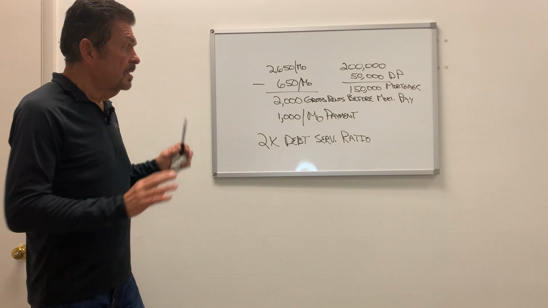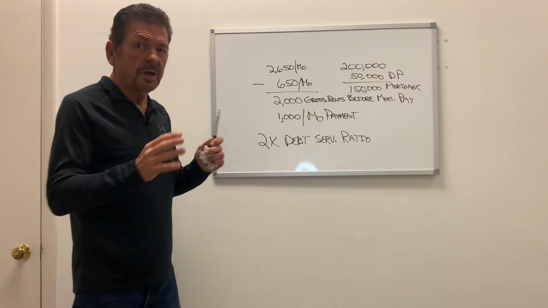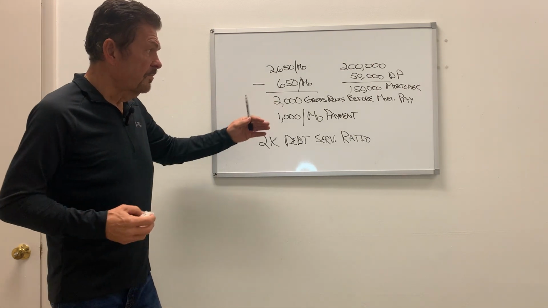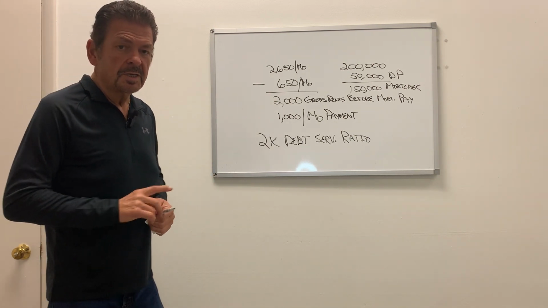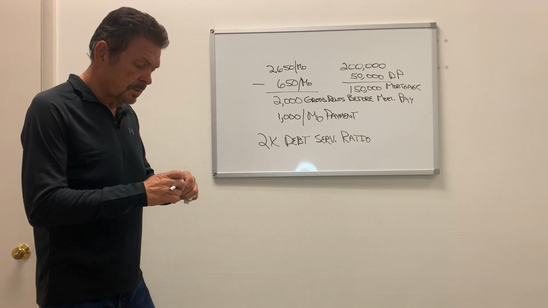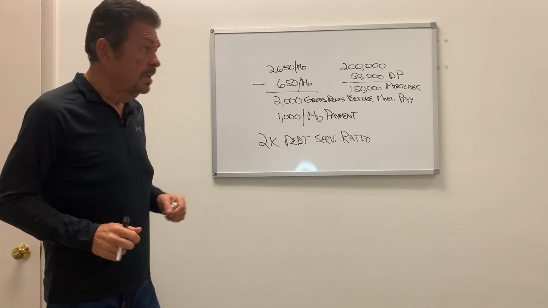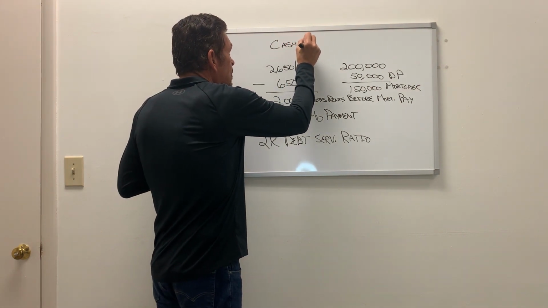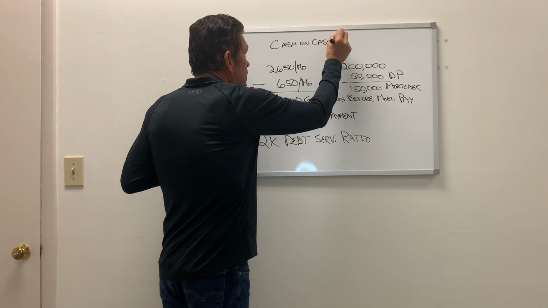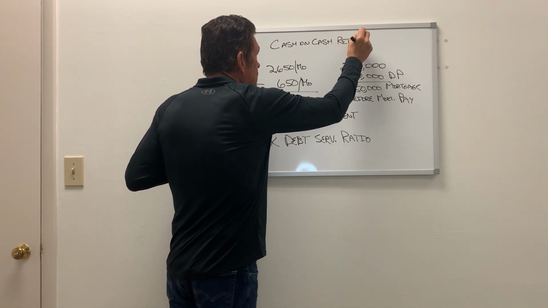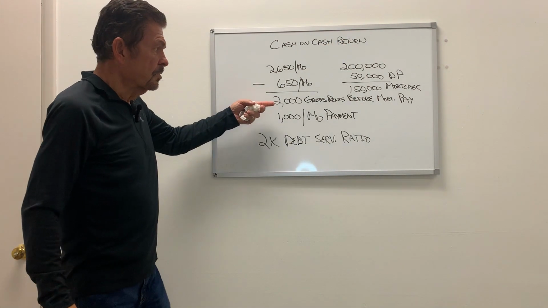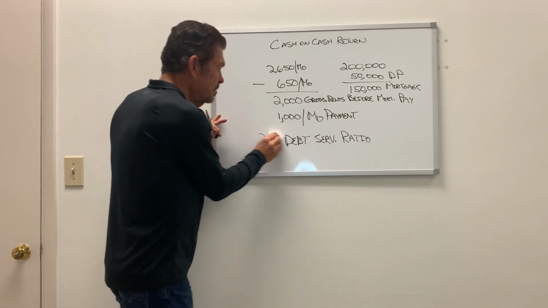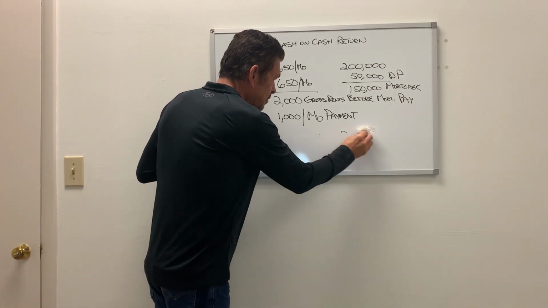for you? Now, this gives us rise to another ratio that we can use off of these similar numbers, which is what your cash on cash return is. So cash on cash return is you take your gross rents minus your payment, which would be $1,000 a month.